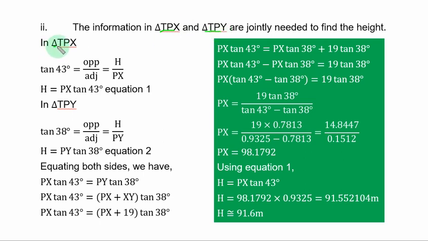In triangle TPS, tan 43 degrees is equal to opposite over adjacent. Opposite is height, adjacent is PS. Now let me bring the diagram so that we get the explanation clearly.